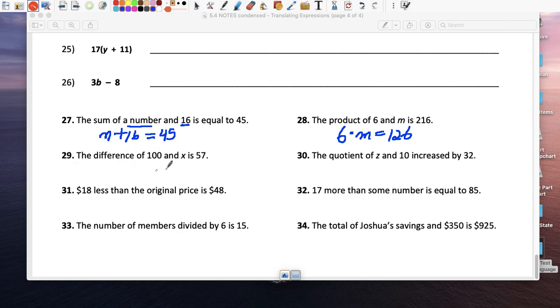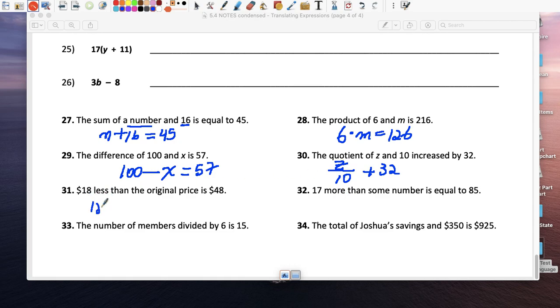Difference means subtraction. The difference of 100 and x is 57. Quotient of z and 10 increased means plus 32. Not an equation, it's an expression.